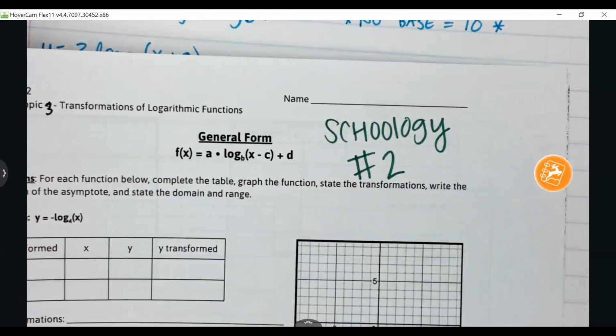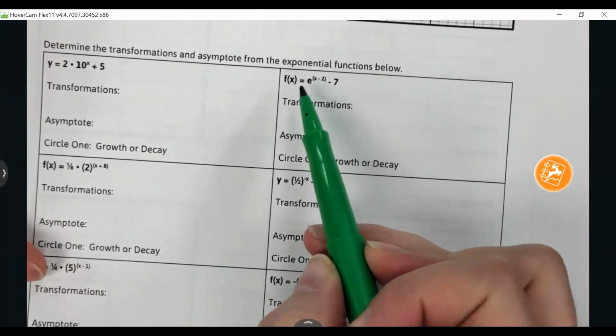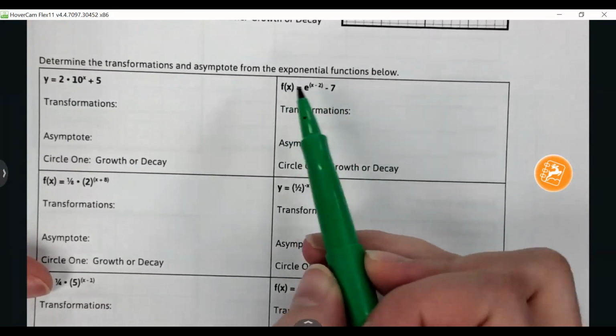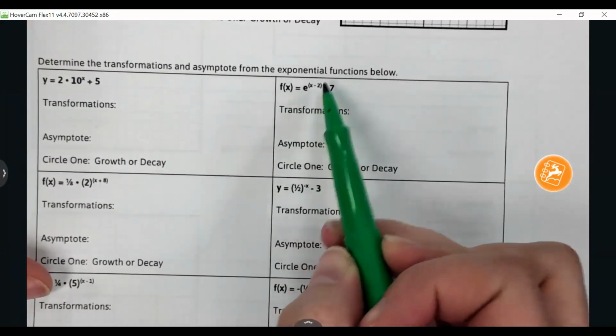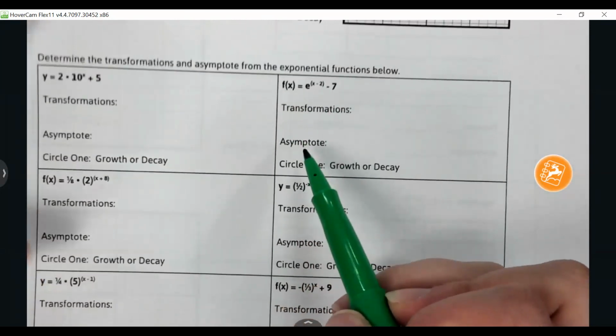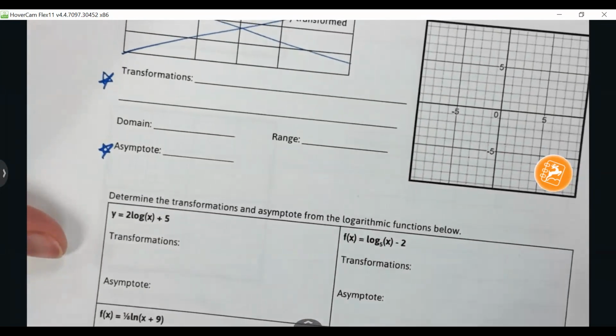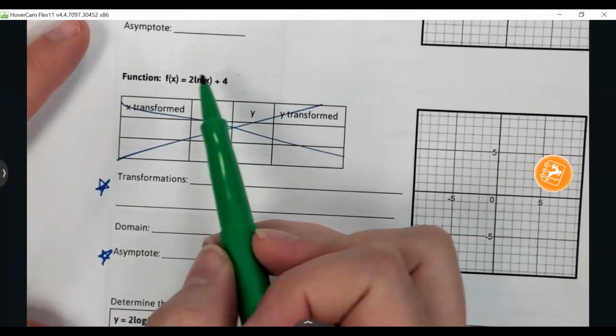Everybody freeze really quick and look at me because you're gonna ask this question. If you see the letter E, I'm not gonna make you graph with the letter E, but that's an exponential function. You can still get me your transformations, okay? On page 2, the very last graph has an LN.